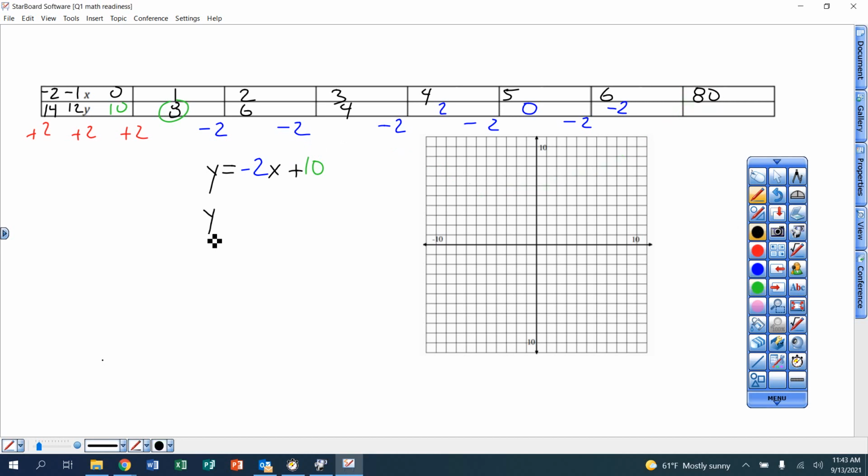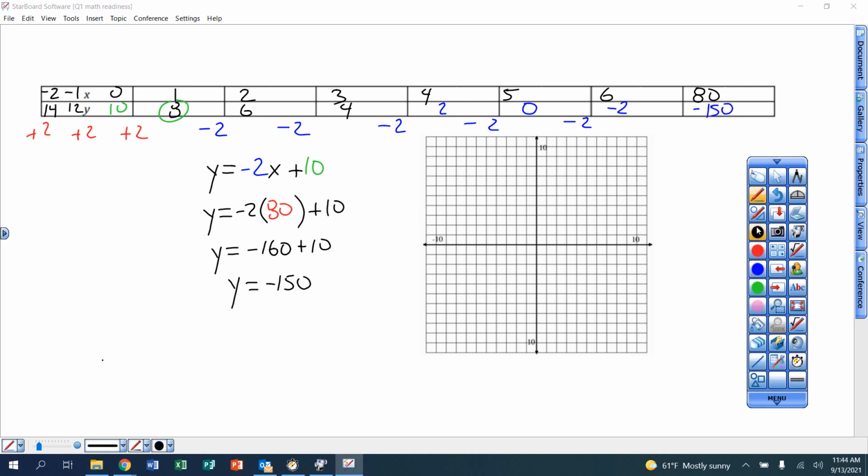Got y equals negative 2, inside there for x, I'm going to plug that 80, plus 10 gives me y equals negative 160 plus 10 gives me negative 150. Use the negative buttons on your calculator if you're not getting these answers.